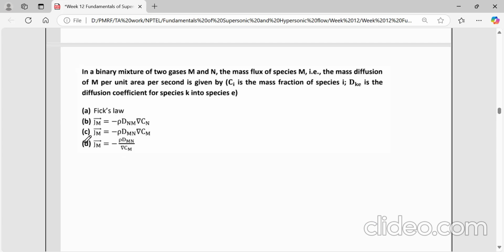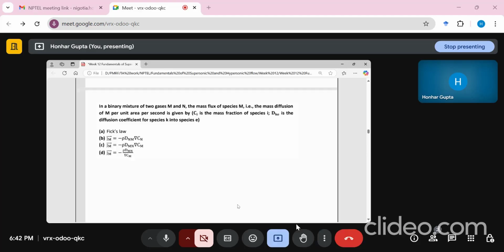Now let's see the next problem. In a binary mixture of two gases M and N, the mass flux of species M, that is the mass diffusion of M per unit area per second, is given by: Ci is the mass fraction of the species i, Dke is the diffusion coefficient for species k into species e.